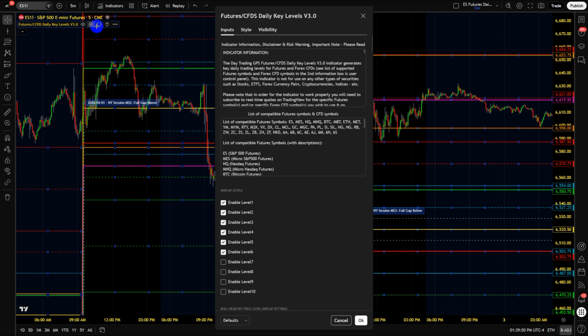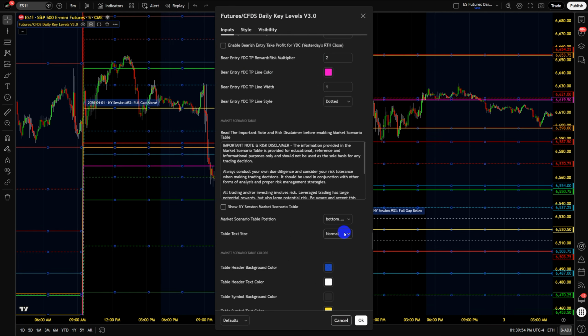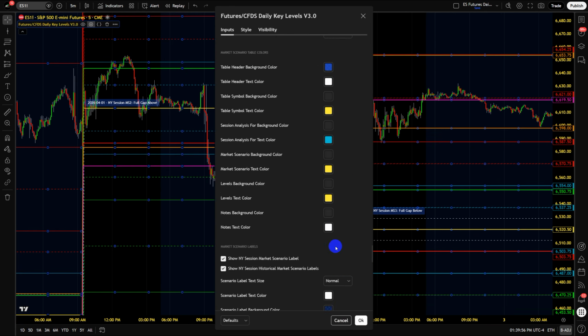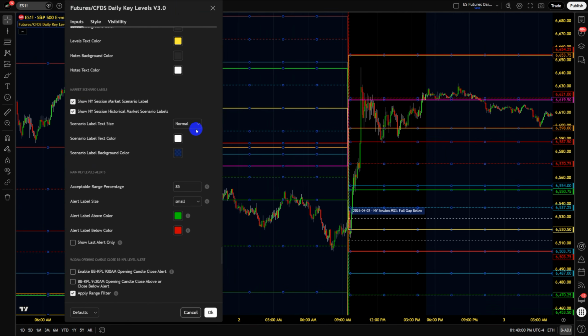Now you can change these, as we mentioned earlier. You have here in this section, scenario label size. It's now set to normal. So you can change this. You could make it large.